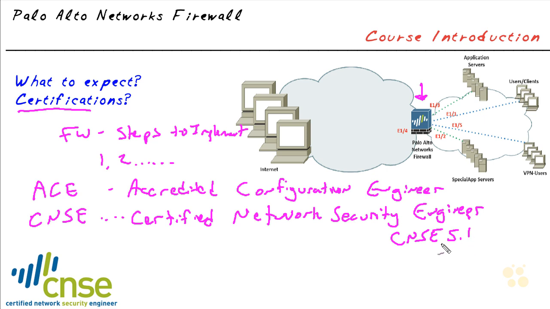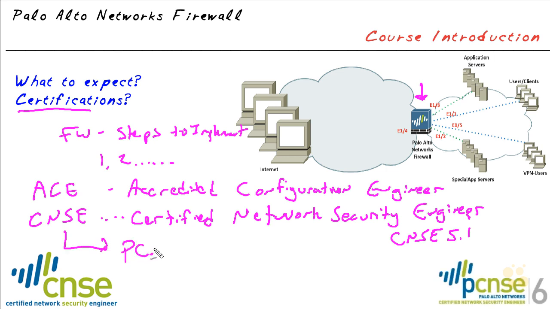You could have a 4.x, a 5.x, whatever one's going on there. Now, I put the question mark over here because as of version 6, things changed a little bit. I guess they wanted to be a little bit more specific than just network security engineer, because that really is a Palo Alto exam. So now this has evolved into the PCNSE.